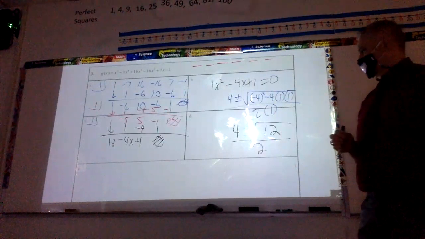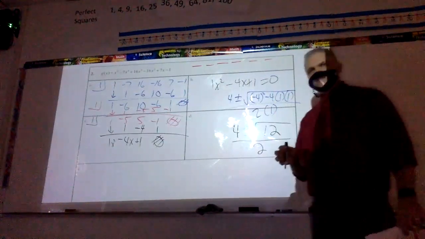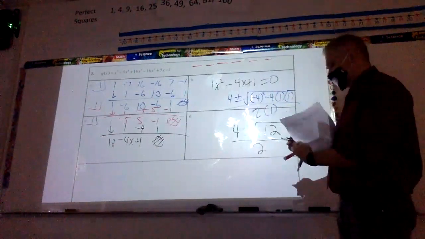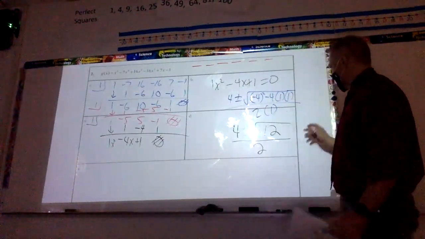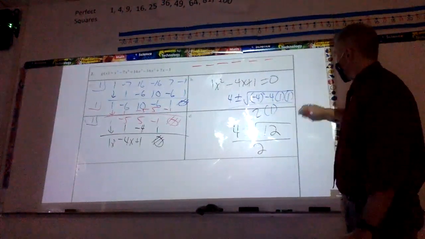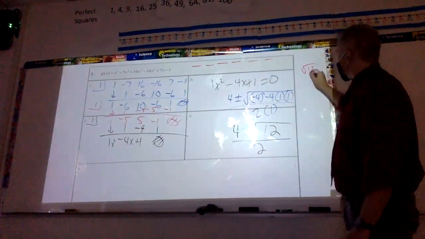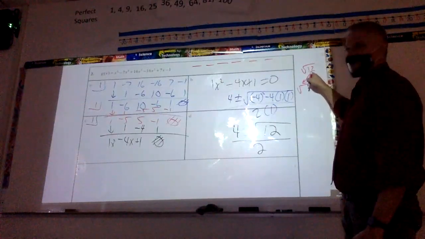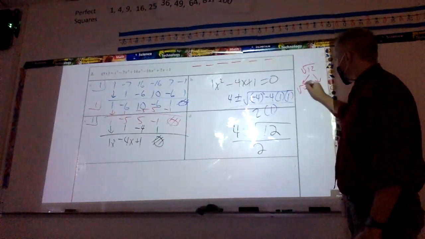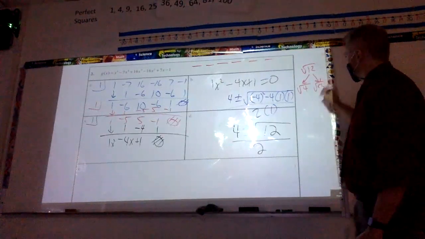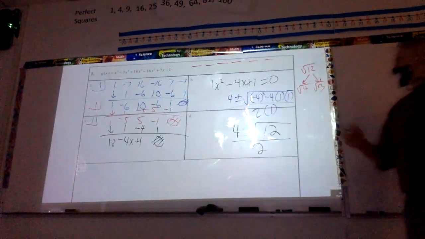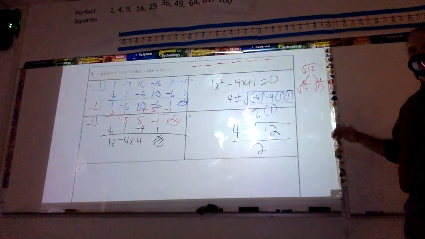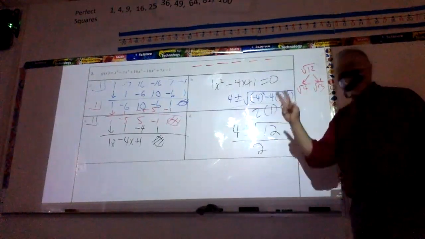Now, geometry, unit 7, day 1. We took root 12 and we said, I want you to simplify root 12. So you took the biggest perfect square that's a factor of 12, and we separate it. So root 12 is root 4 times root 3. And root 4 is 2.